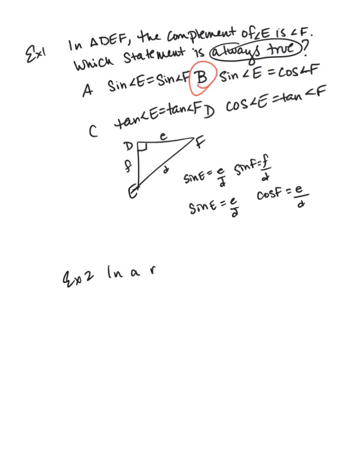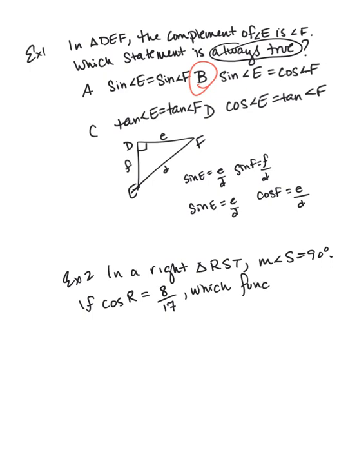In a right triangle RST, the measure of angle S is 90 degrees. If the cosine of R is 8 over 17, which function also equals 8 over 17?